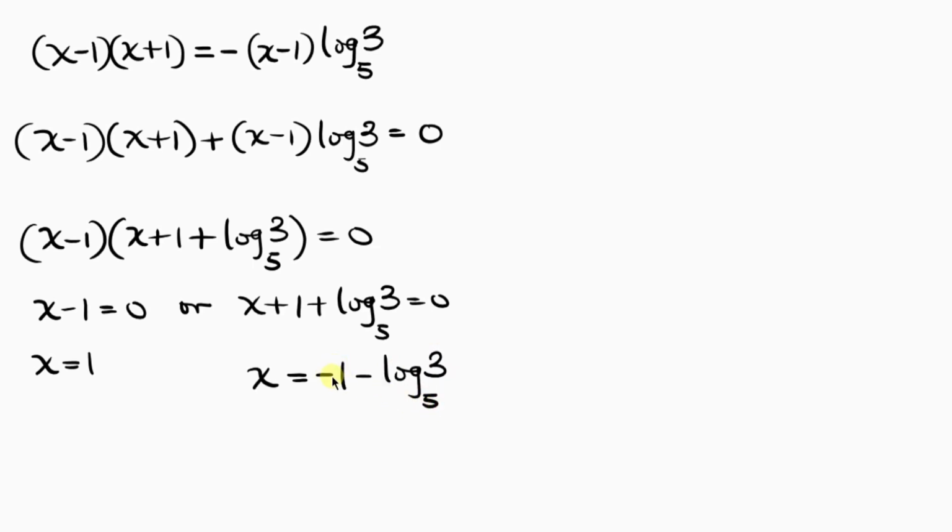And you notice that negative is common, which can be factorized. So x will be equal to negative, let's factor that out, 1 plus log 3 base 5. You know, this negative turns to plus because of the parenthesis that was introduced and because of the negative outside.